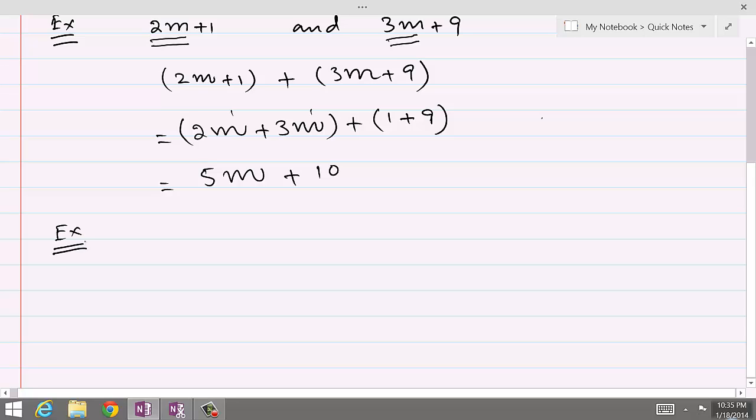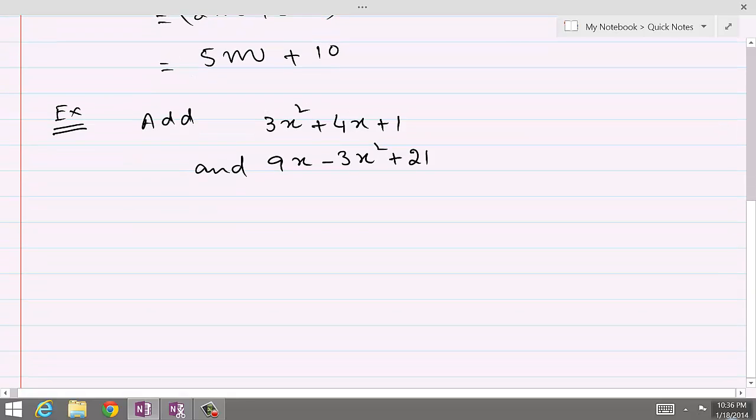and it says add 3x square plus 4x plus 1 and 9x minus 3x square plus 21.